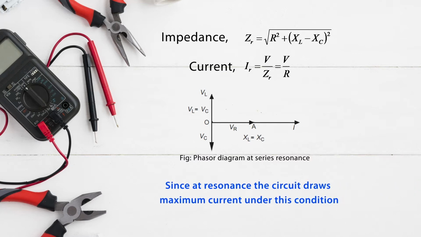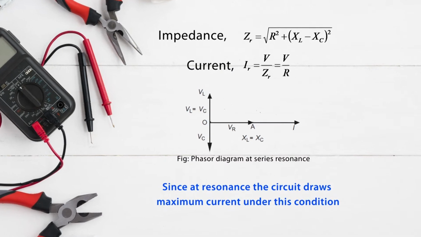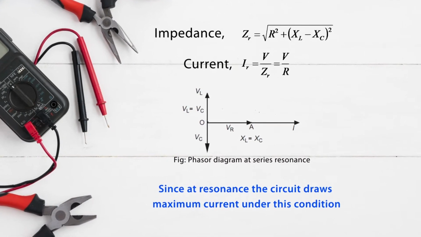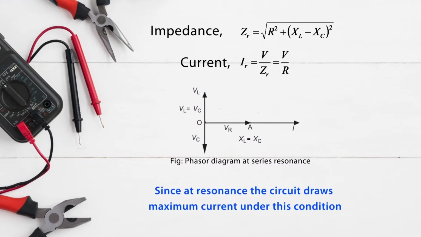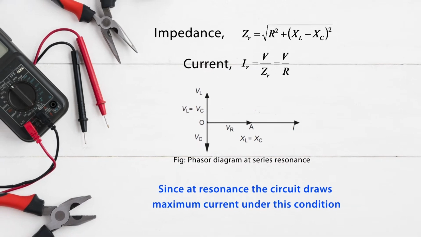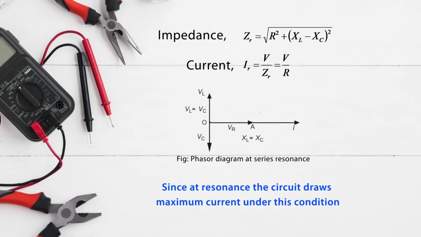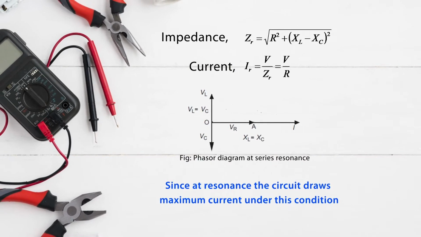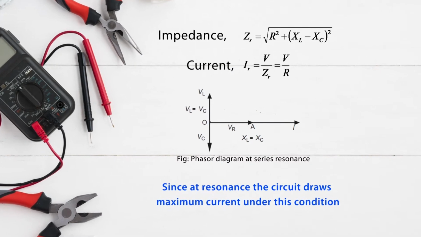Why? Because if there is no resonance condition, the total impedance of the circuit is equal to the square root of R square plus XL minus XC whole square. But now it is series resonance, that means XL is equal to XC, so XL and XC will be cancelled out. So the total impedance of the circuit is reduced, and it is equal to the resistance of the circuit.